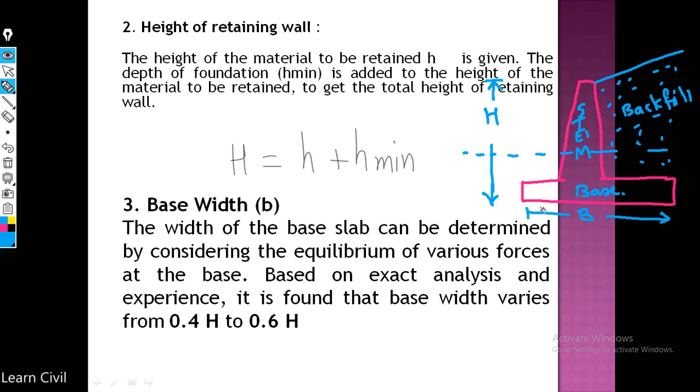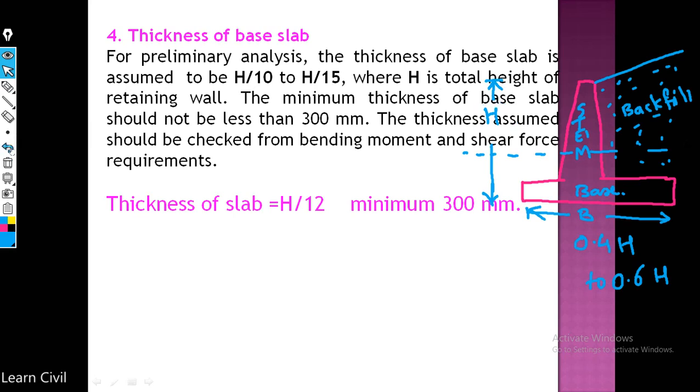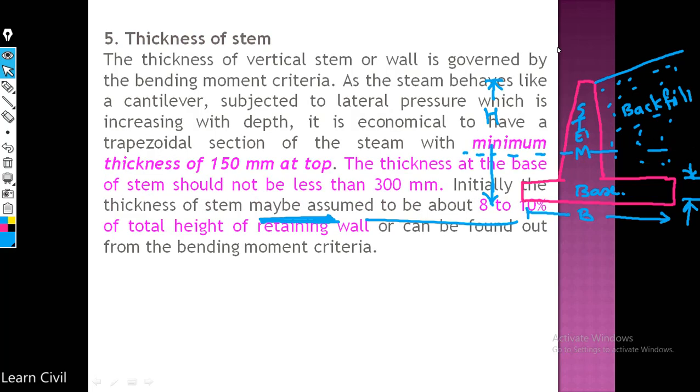Generally this is 0.4h to 0.6h. Then the thickness of the base slab should be minimum 300 mm, and can be calculated by the formula h by 12, but this shall be minimum 300 mm. And the thickness of the stem at the top should be minimum 150 mm, and at the bottom minimum 300 mm.